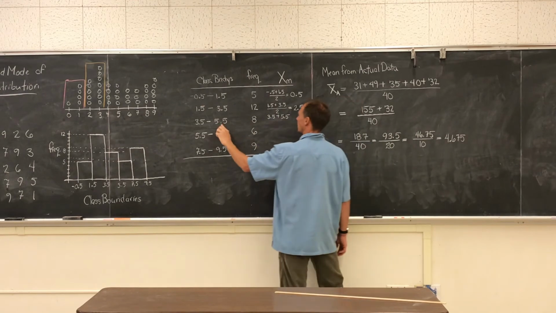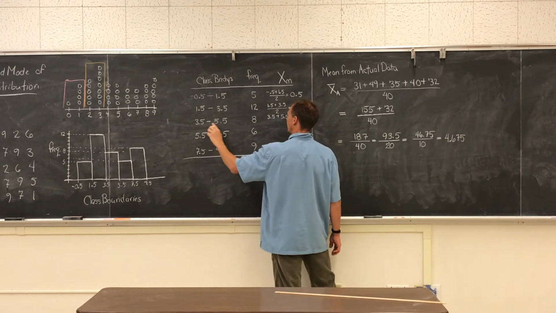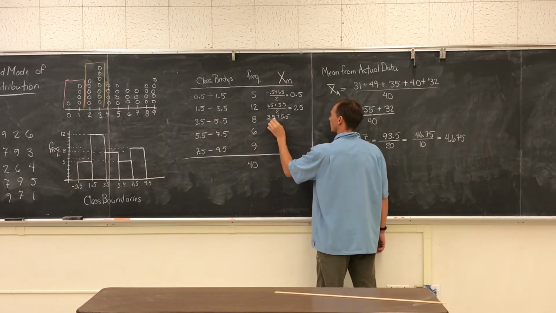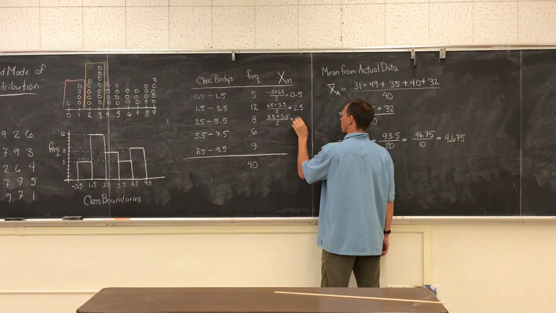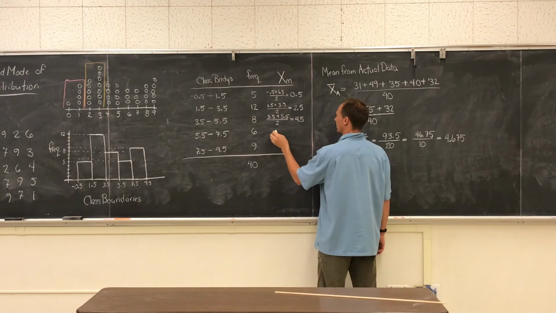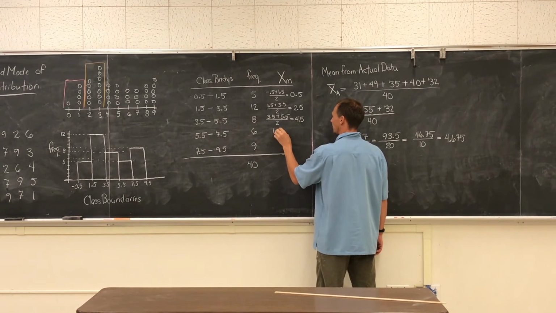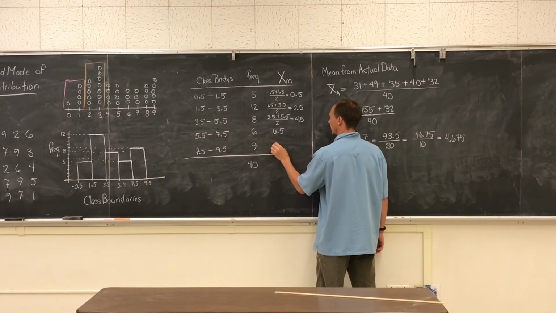I'm just using my class boundaries and I'm finding the midpoint. Divide that by 2, that's going to be 8. One more is 9. Half of that is 4.5. And the next one is going to be 6.5. And finally, 8.5.